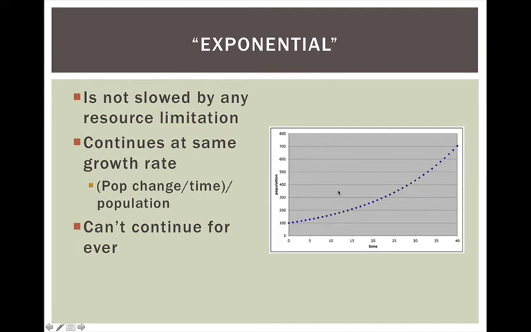And this can't continue forever, because eventually it's going to bump into some sort of space or material resource limitation. But during a particular phase of growth, we can really describe something as being exponential growth.